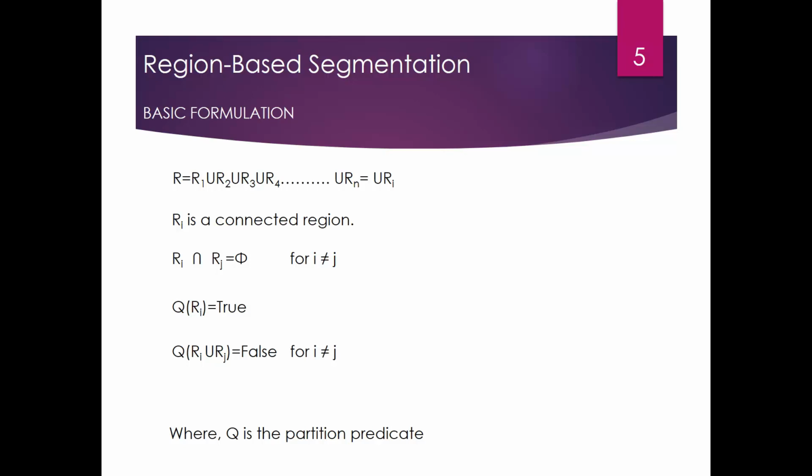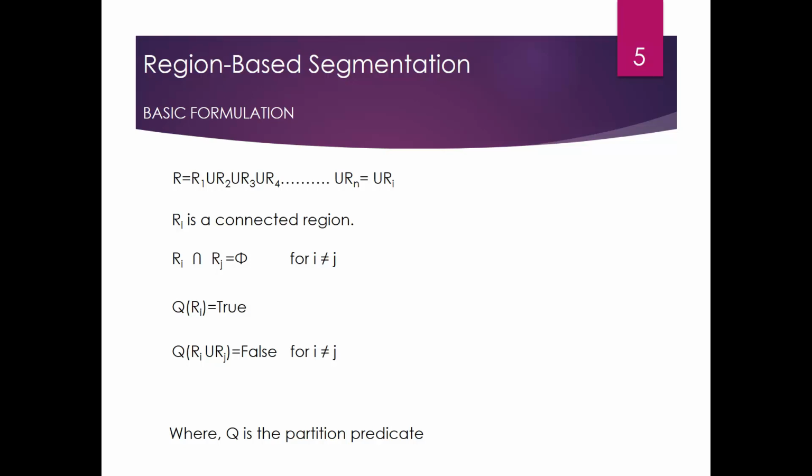These partitions should follow certain properties. The union of all these regions Ri over i should give the original image, so capital R is the union of Ri. That means none of the pixels in an image should be left out. Every pixel in the image should be part of one of the partitions.